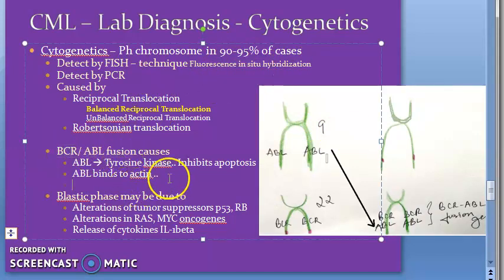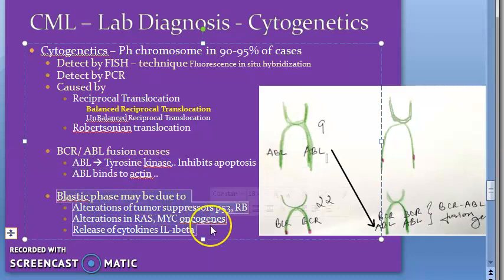Then you have the BCR-ABL fusion, guys, just say BCR-ABL because B is first here. BCR is actually an oncogene, but this is the BCR-ABL fusion they are seeing. So ABL will create more tyrosine kinase enzyme, so this will inhibit apoptosis and a lot of binding happens of ABL to so many things.